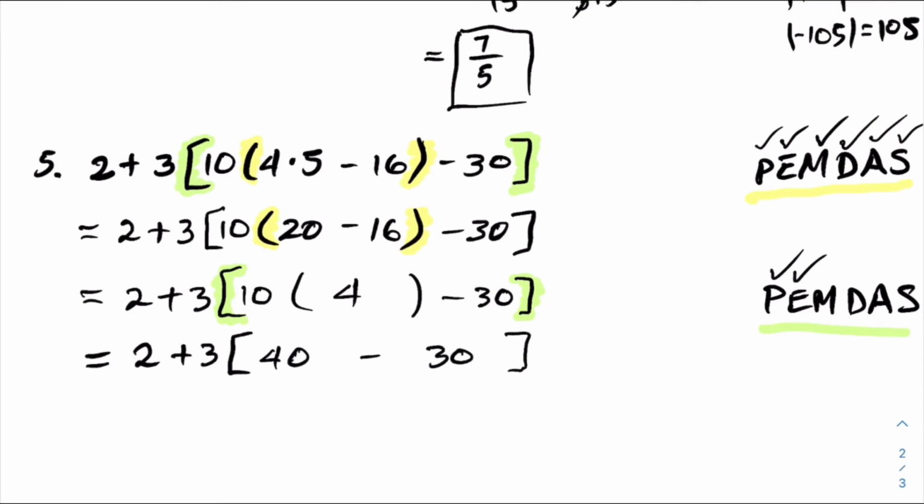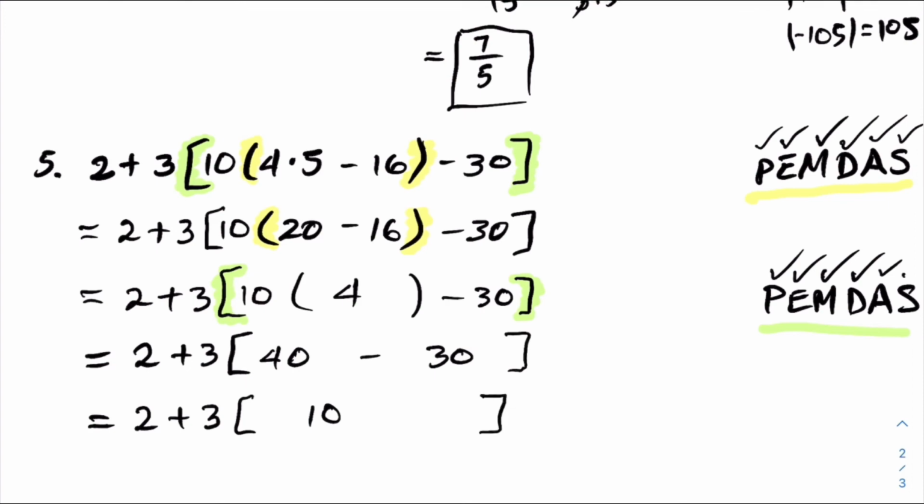So multiplication is done. There is no division. There is no addition. There is subtraction. That's 40 minus 30 is 10.